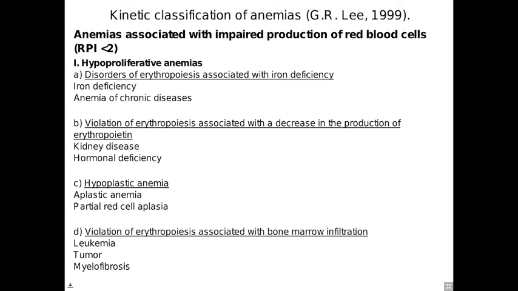Another situation of the hypoproliferative anemias is decreased production of EPO, if you remember that, erythropoietin, that is produced in the peritubular lining of the kidneys, and this substance is one of the most potent activators for the bone marrow.